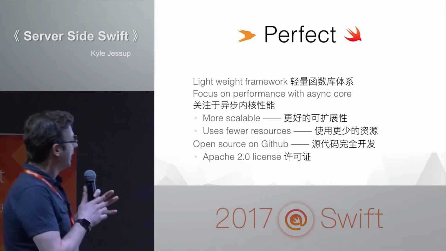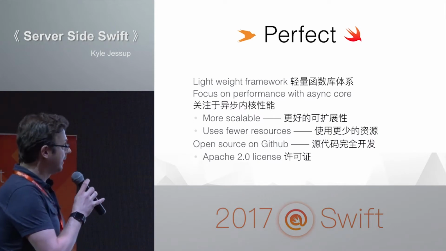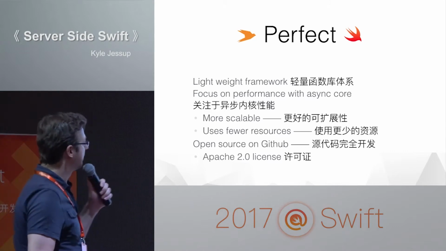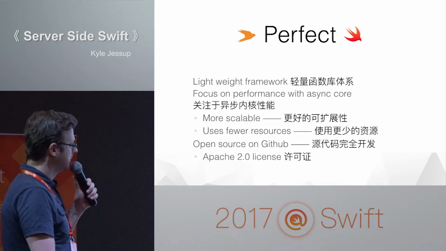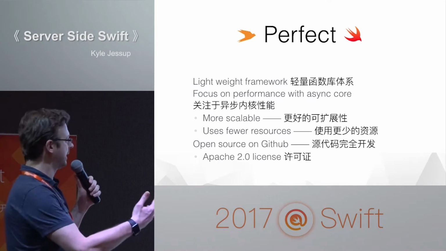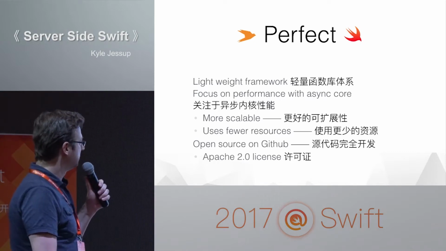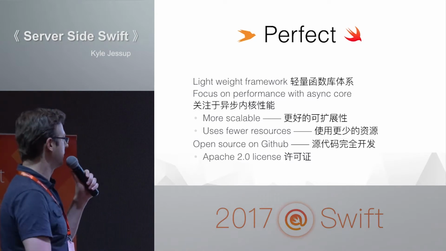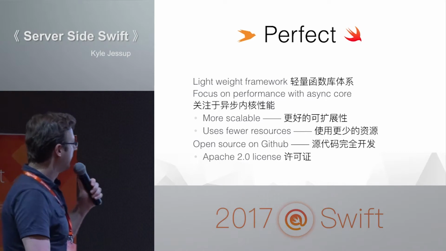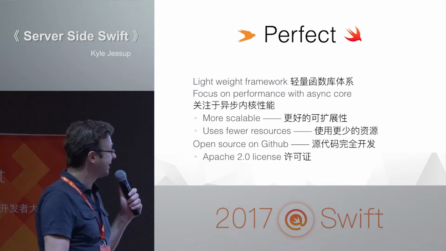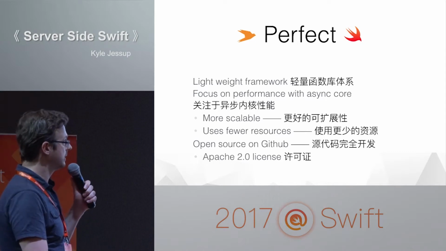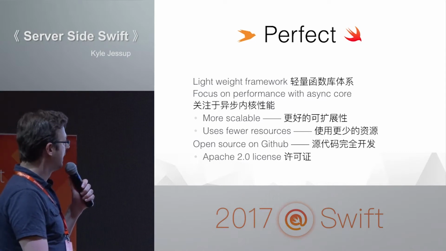So, Perfect. I consider Perfect a lightweight framework. I guess it's kind of opinion; it's not lightweight if it has exactly what you need. And if it has a little bit more than you need, then it's just getting ready for your future, I guess. What we do is focus on performance, and the core of Perfect is entirely async.